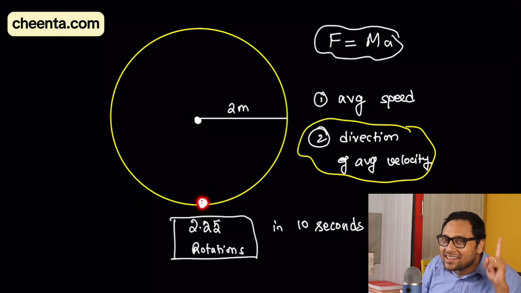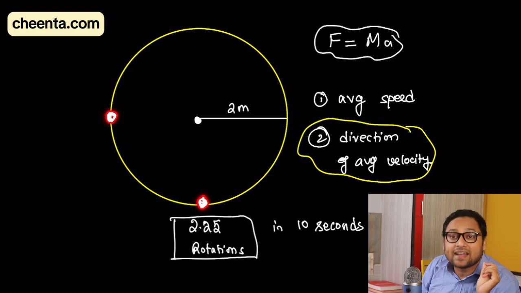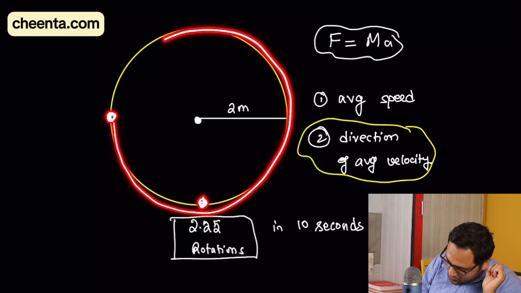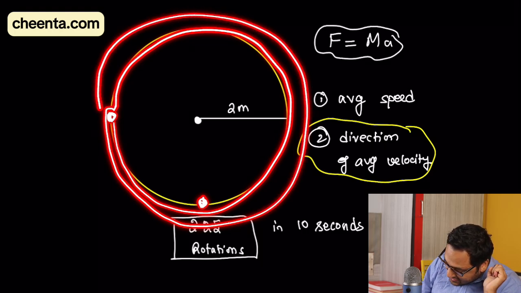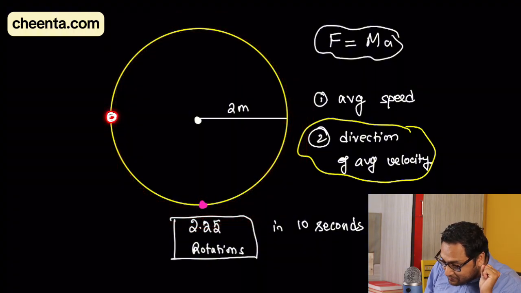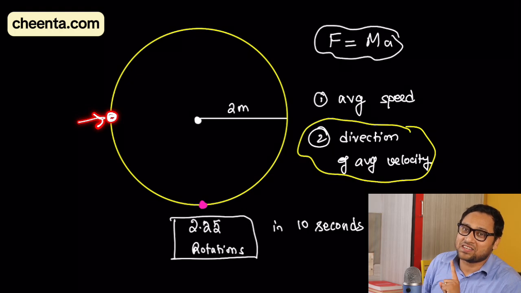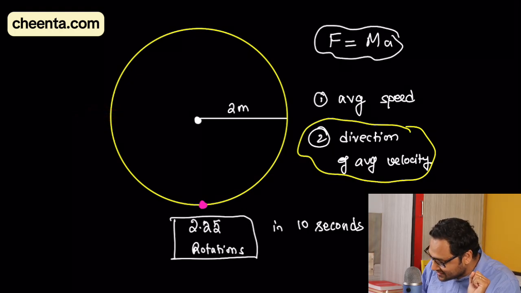If you think a little bit about it, if you started off at this particular point, only then you have completed one rotation, second rotation, and then a quarter more, right? So your starting point must be here. The 2.25 rotations, that is your hint.